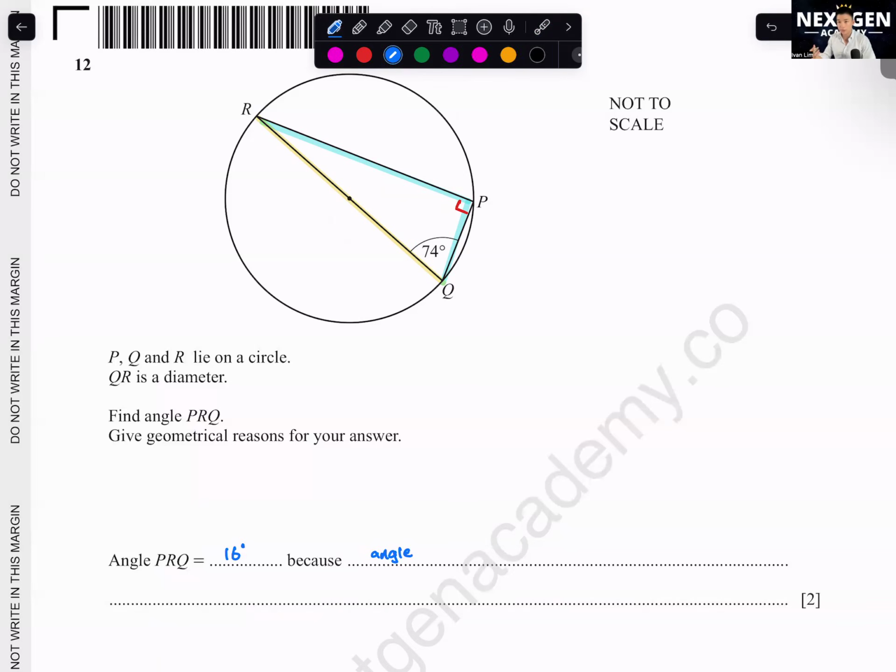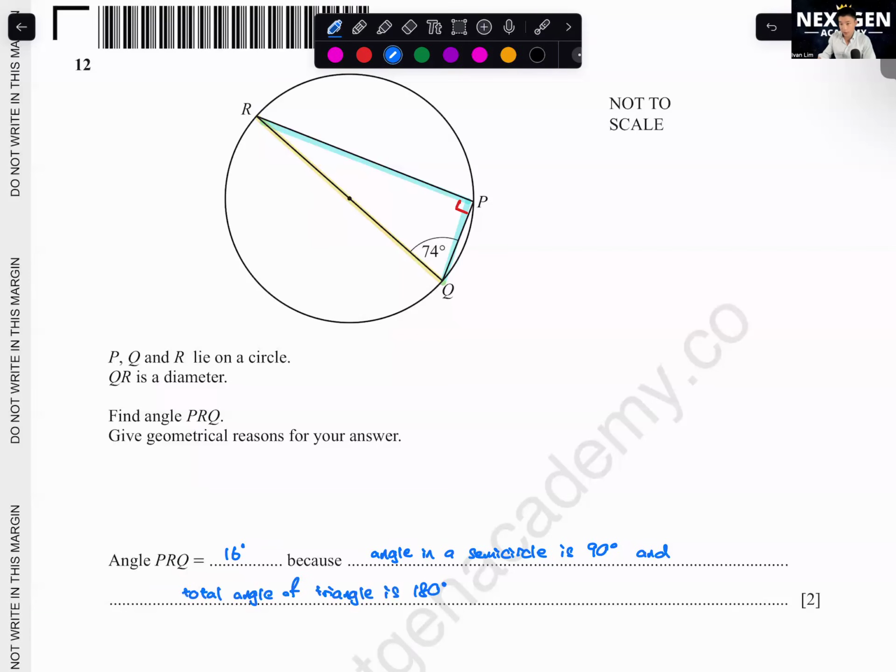Normally for angle one, you need to write down all the names of the geometrical reason. So angle in a semicircle is 90 degrees, and you can say total angle of triangle is 180 degrees.